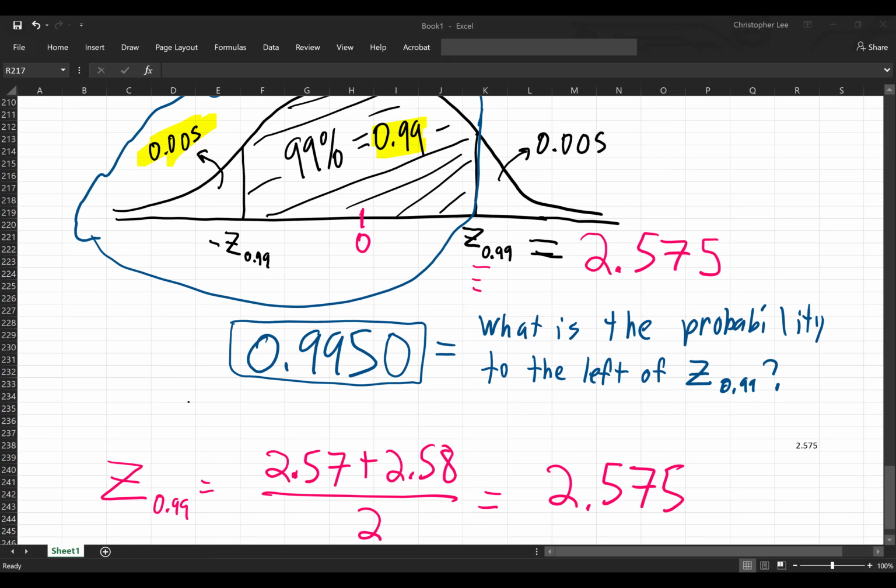We take the Z value. We divide it by 3, right? No, you still divide it by 2, always, because it's going to be in between 2 numbers. Because sometimes you have the exact Z value, and you don't have to divide by 2. Look up 0.5 thousand.